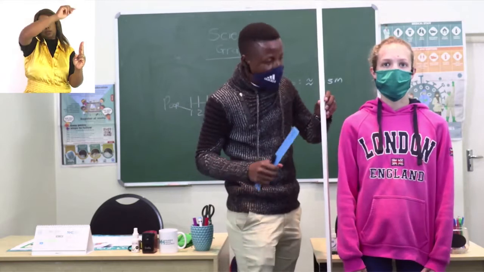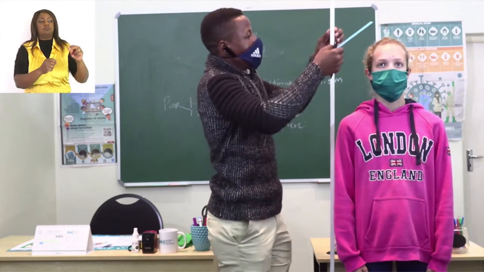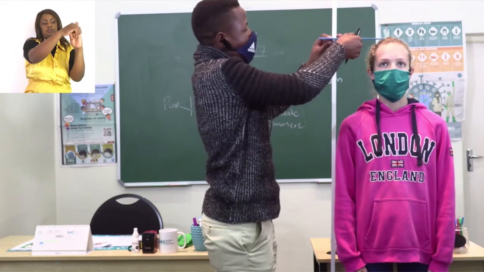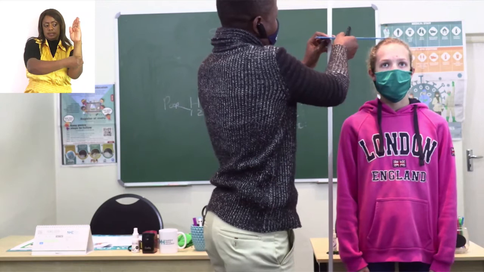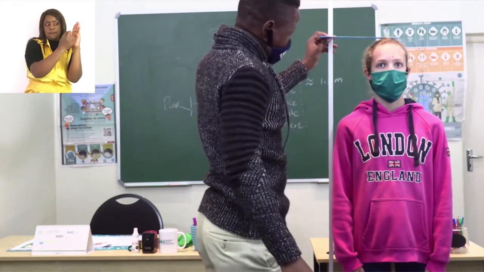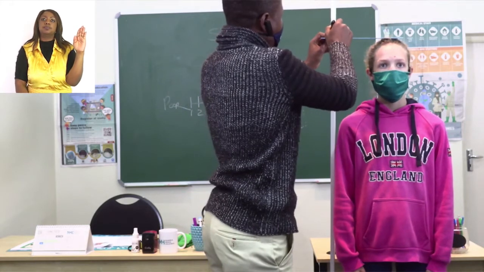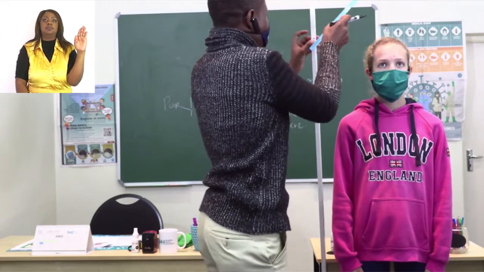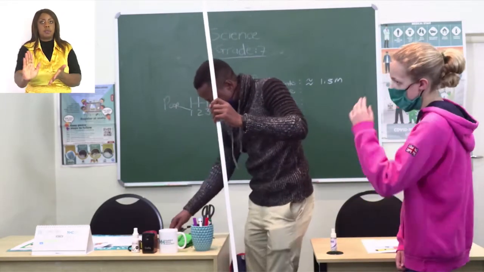Just stand straight and look forward. Then I have to put this straight, and this also straight. I see it's straight here, so I'll mark it here. Now, I've made a marking on this straight object.